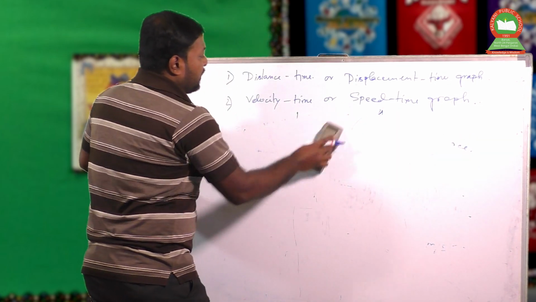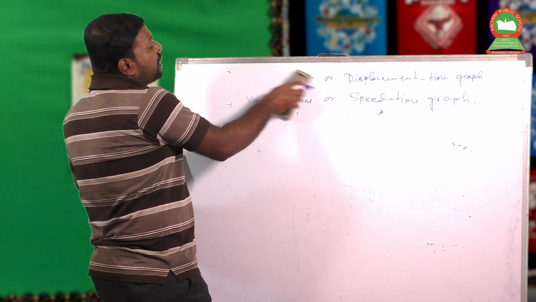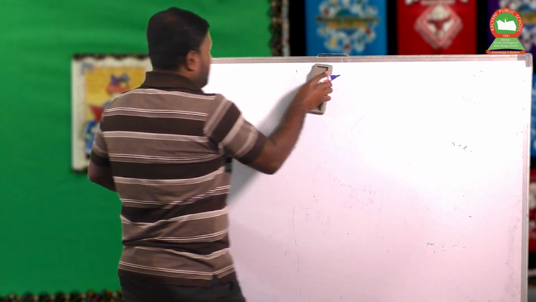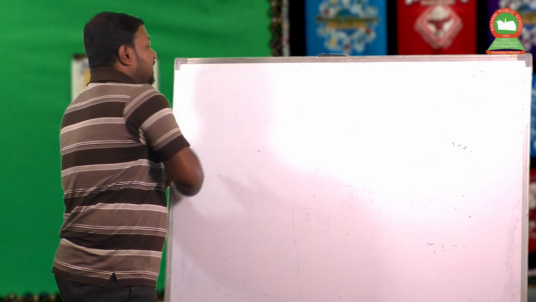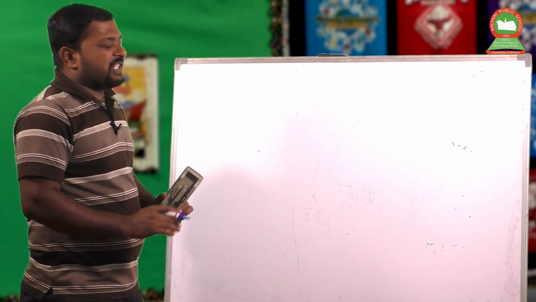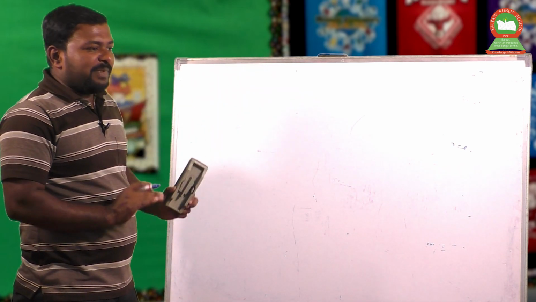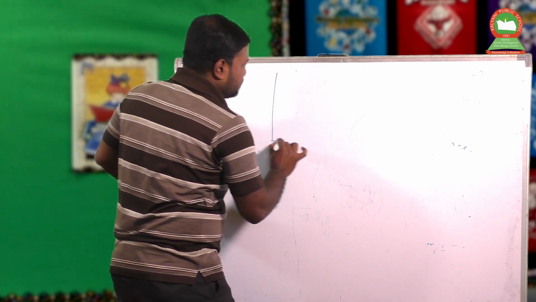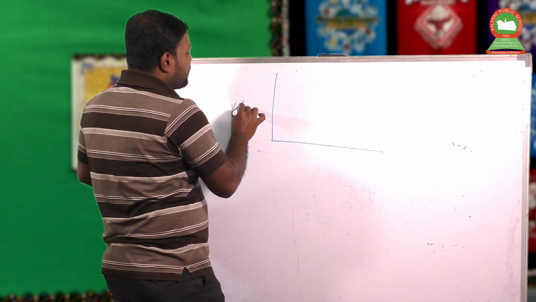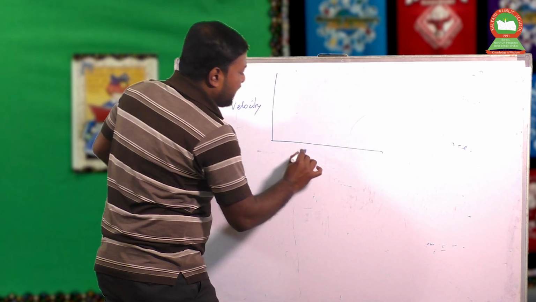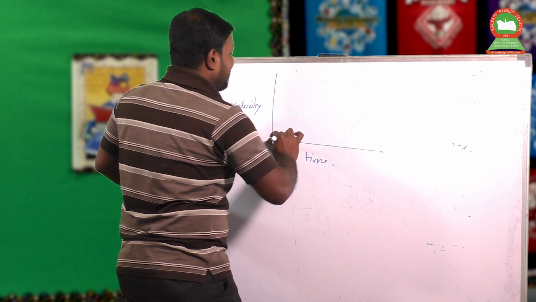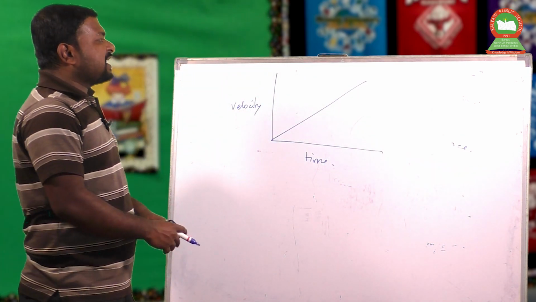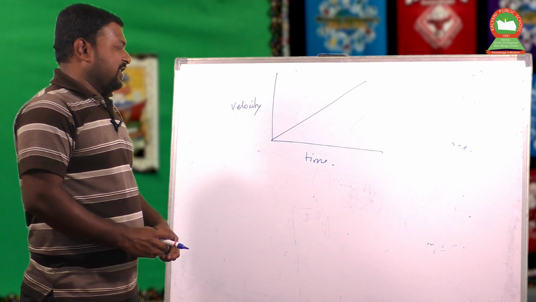Now, by drawing this kind of graph, we can actually get the information about distance from the velocity time graph. How? If we draw the velocity time graph like that, it is a body's motion which is in constant acceleration.